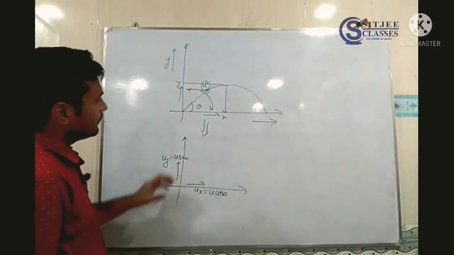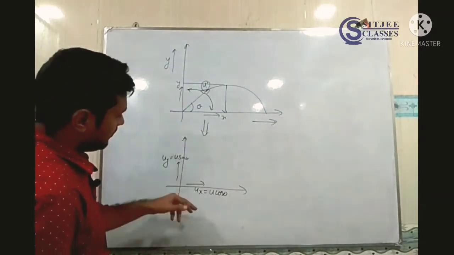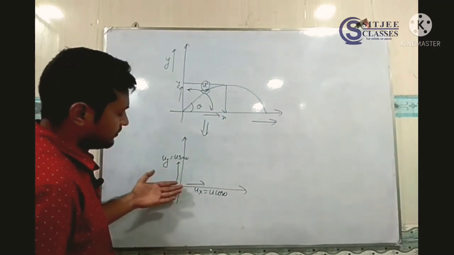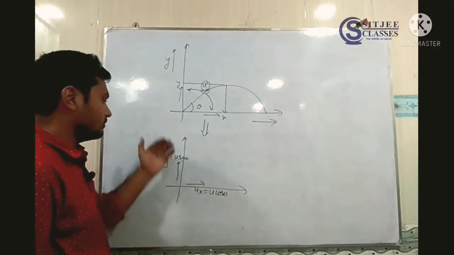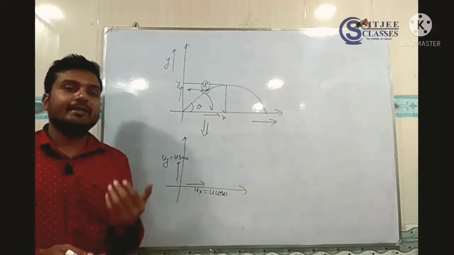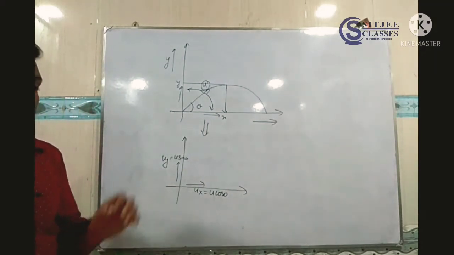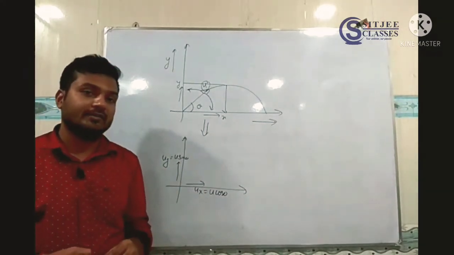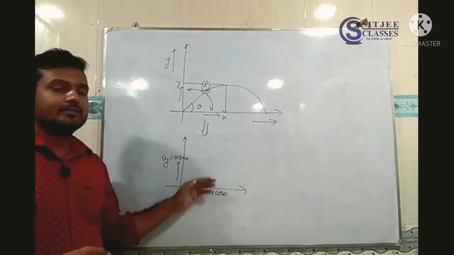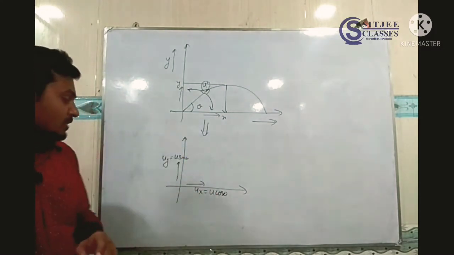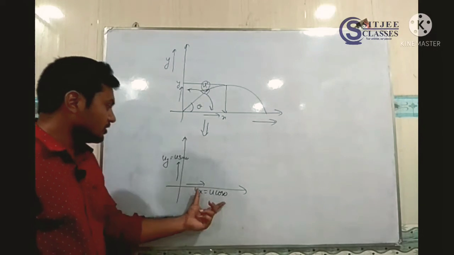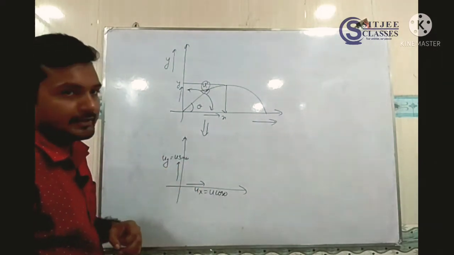Now you can see that this movement is gone and instead the particle is moving in x direction and the particle is moving in y direction. We are taking help of vectors, where we have the concept that a vector can be resolved into linear components, which are on the x-axis and y-axis. Now ux is u cos theta, uy is u sin theta.